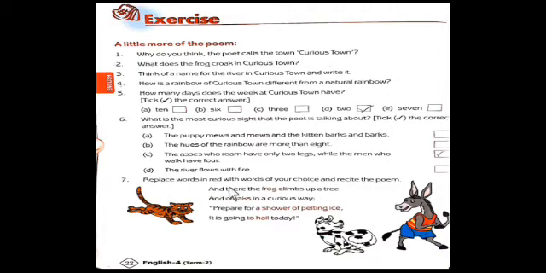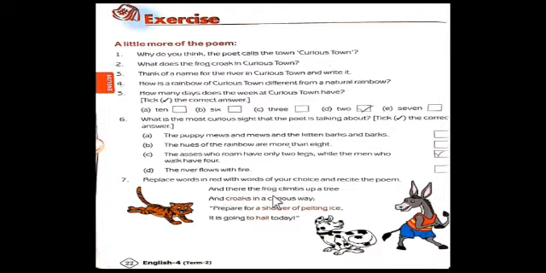Replace words in red with words of your choice and recite the poem. So dear students, this is a short poem. In the poem, replace the words in red with words of your choice. So let me do it. Instead of frog, what can we write here? Fish.